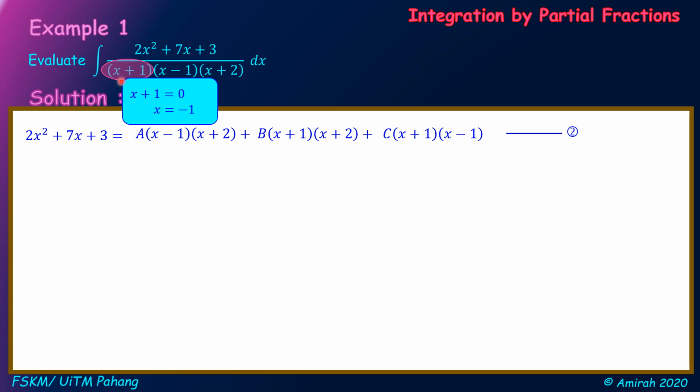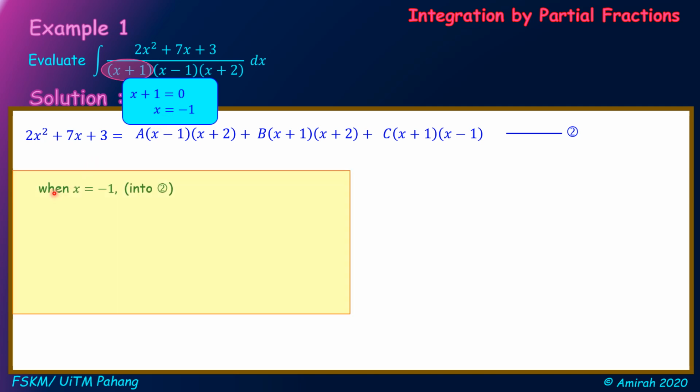So from here, we equate the first factor x plus 1 equals to 0. Then we get x equals negative 1. When x equals negative 1, we substitute into equation 2.